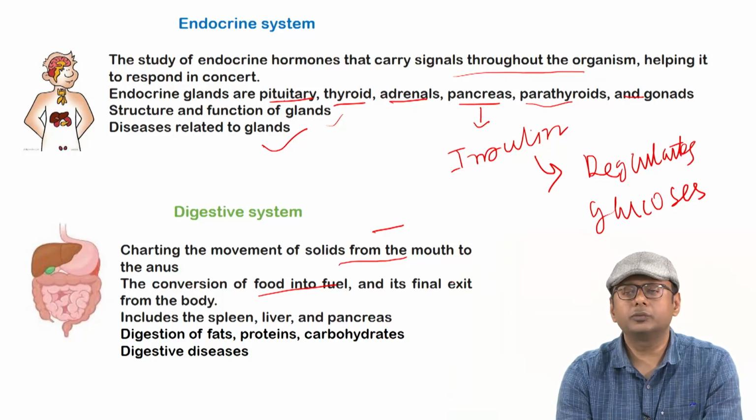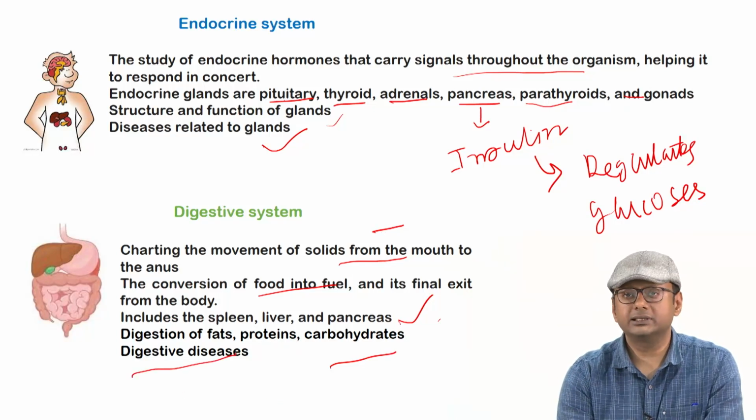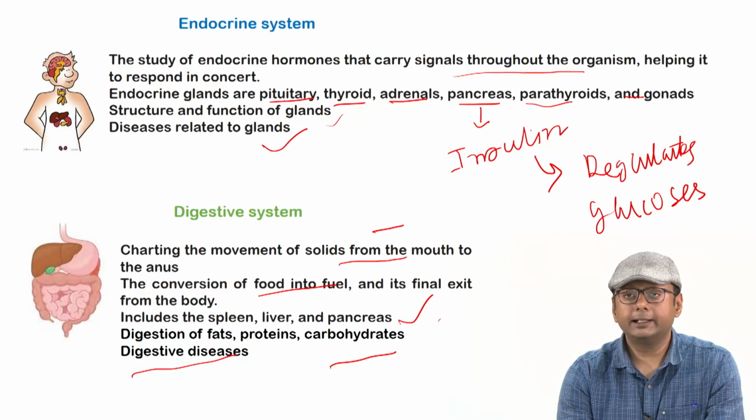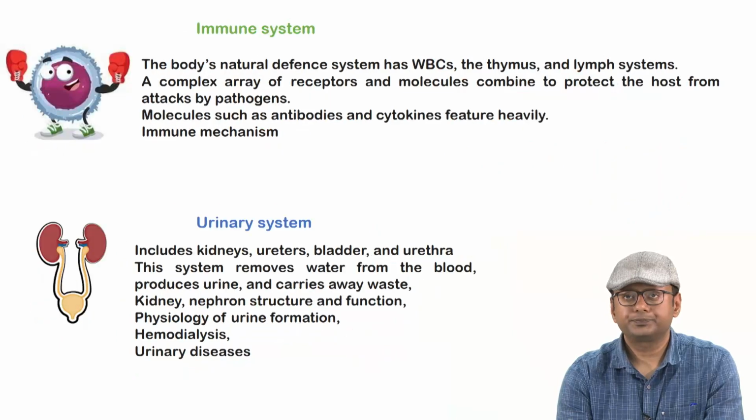So the whole thing would be thoroughly discussed during the digestive system. It includes a lot of components in our body like the pancreas, liver, and then we will discuss how the digestion of fats, protein and carbohydrate happens, and different digestive diseases also. We hope the digestive system will give you a detailed idea about it.